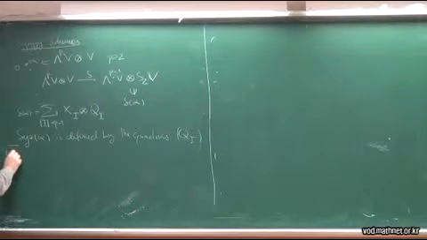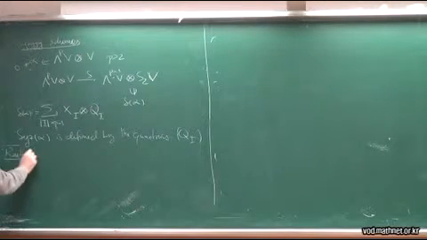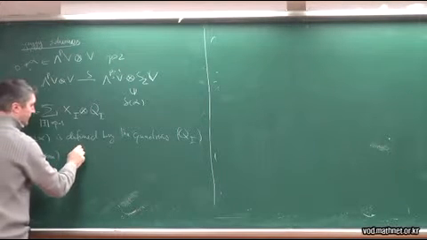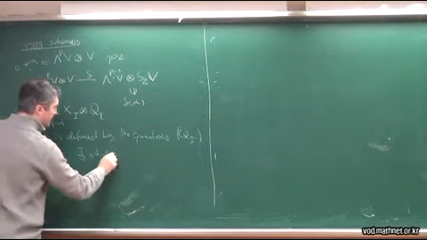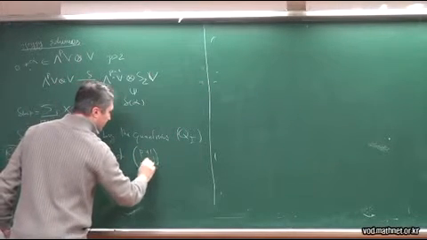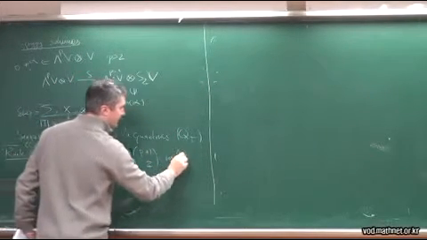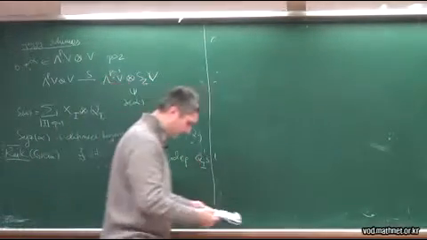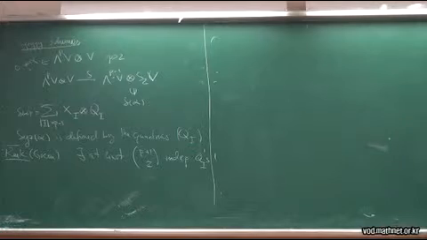And the most important remark is that there are at least P plus 1 choose 2 independent Qi's. Okay.